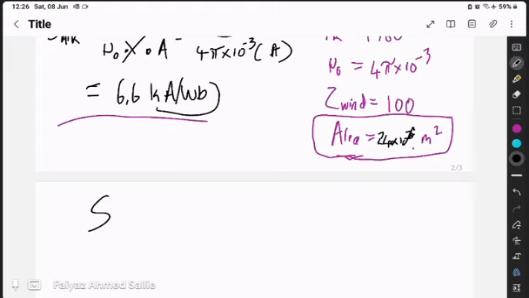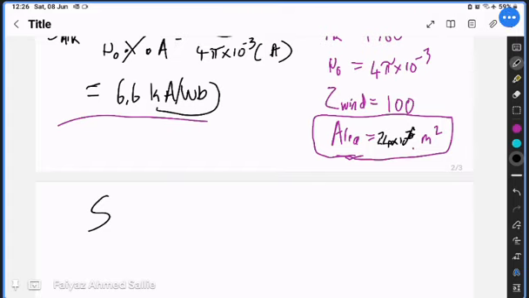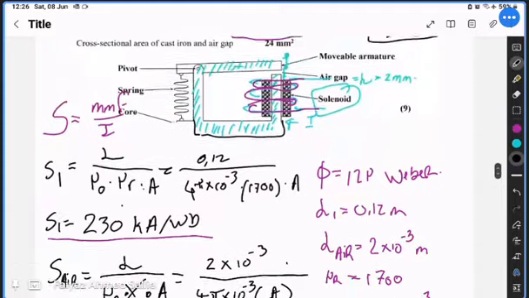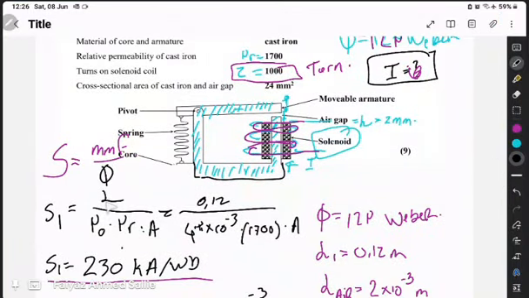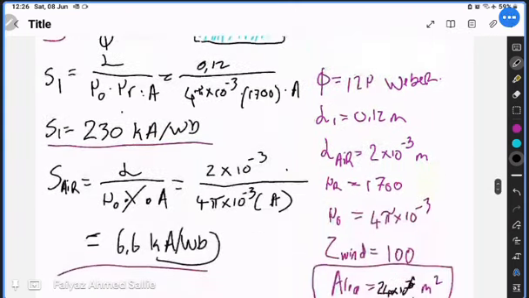The units for I are amperes, and it should be Weber. Isn't the formula S equals MMF over the flux? So you're saying it's MMF over the flux. Yes. Okay, then that makes sense. Thank you.